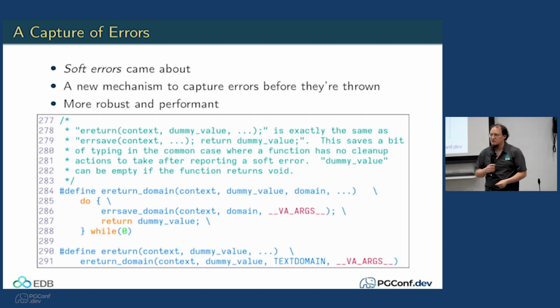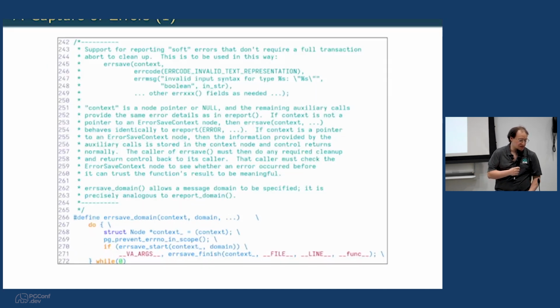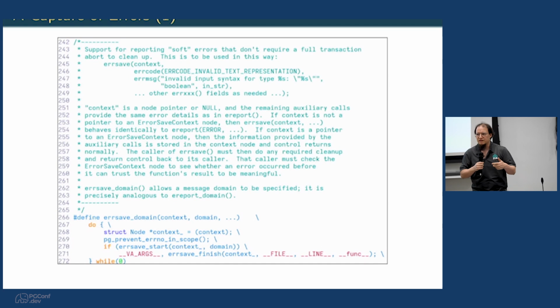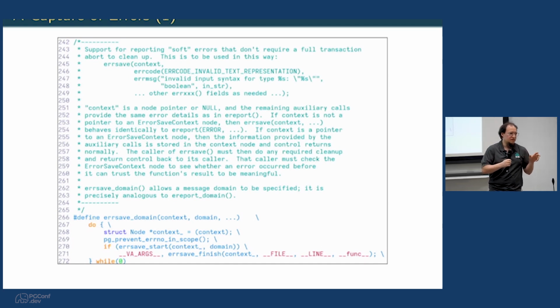So well, we have this new macro, which is actually just a call for another macro, which is error save. What this one does is store the error information into some variable that you have passed into it. And the nice thing about it is that as the caller of this macro function, you can set up an error context, an error save context.